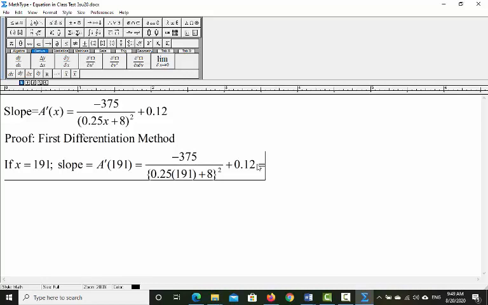What we have here is 0.25 multiplied by 191 plus 8, bracket close, square, plus 0.12. We can see that we get an answer in power.